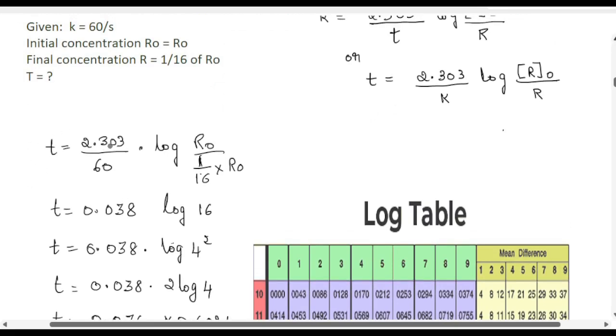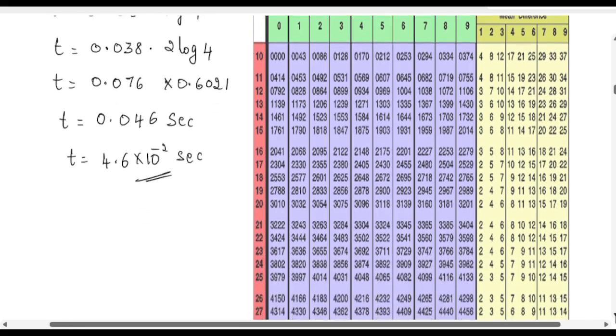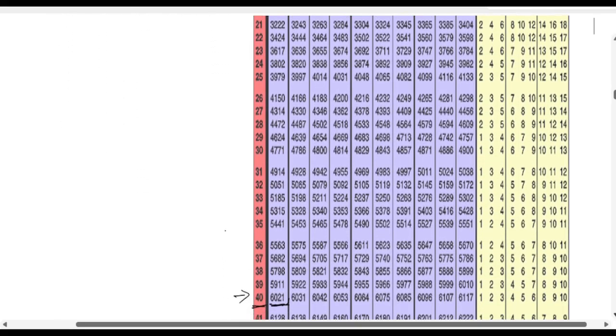So T equal to 2.303 divided by K, which is 60, log R naught, we take it as R naught itself, divided by R, we take it as 1/16th of R naught. So R naught and R naught will get cancelled, and log 16 can be written as 2 log 4. We can get the value of log 4 using the log table. We take the value as 40.